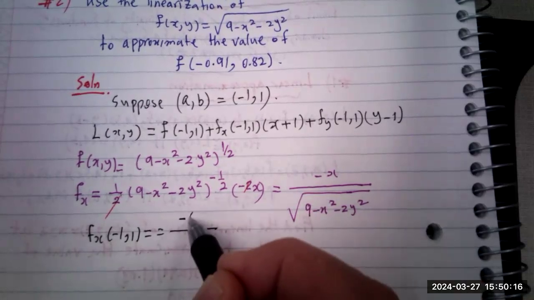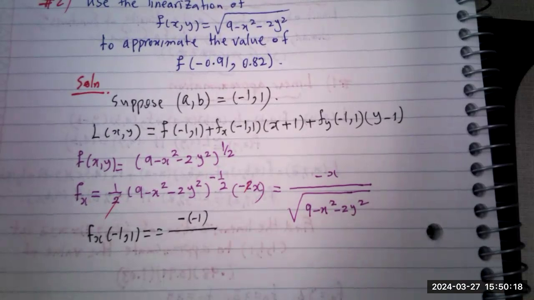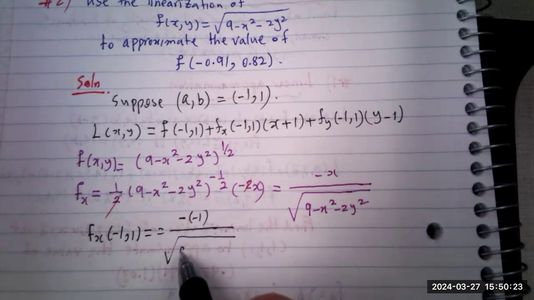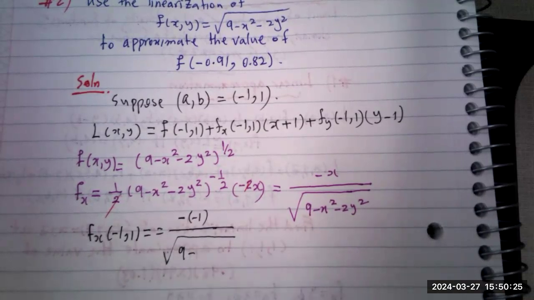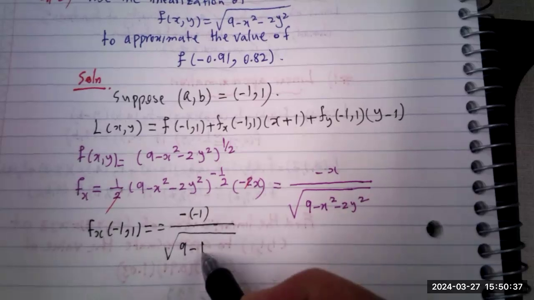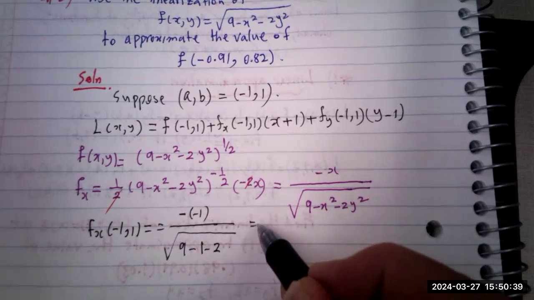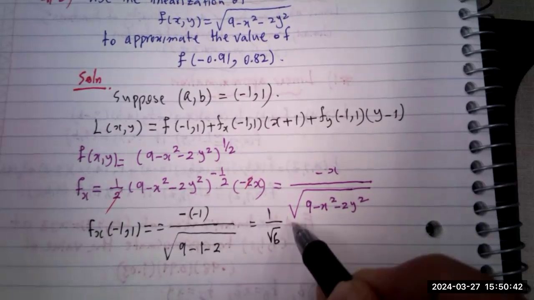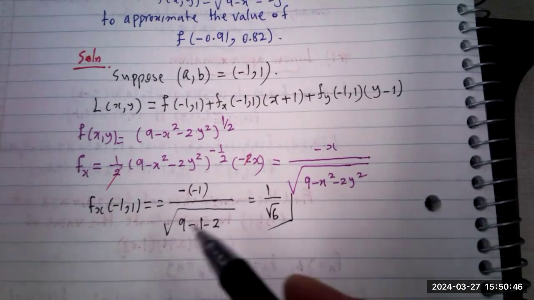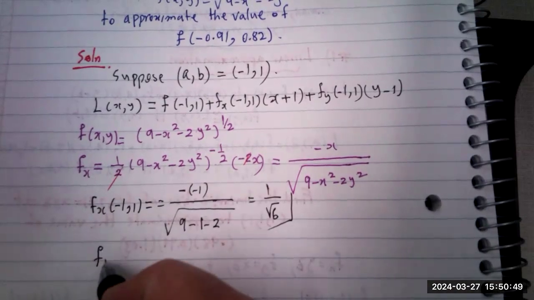Then at the bottom, it's going to be the square root of 9 minus x squared minus 2y squared. If you find f(-1, 1) at the first, that would be better, but you know, it's the same thing. So that gives you 9 minus 1 minus 2, and so that gives you 1 over radical 6. So this is f sub x. Okay, you don't have to simplify it. Keep it, do the simplification at the end.